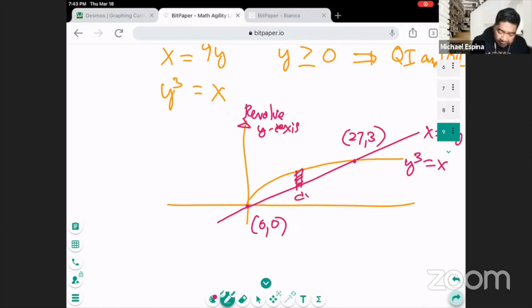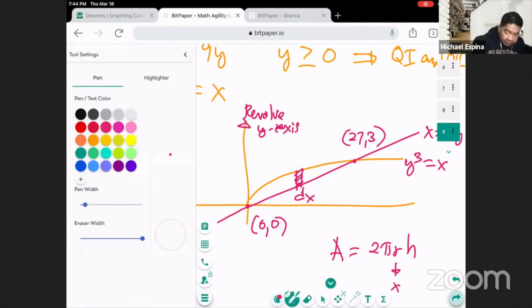This is dx, right? If we rotate dx around the y-axis, we will form again another cylinder. We already know that the area of a cylinder is 2 pi r h, right? And our r here would be your x.